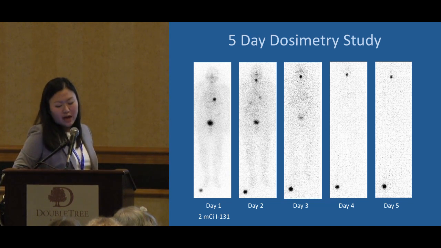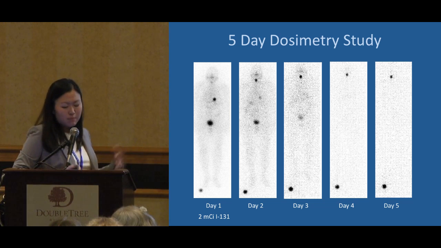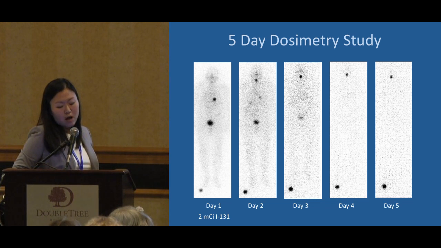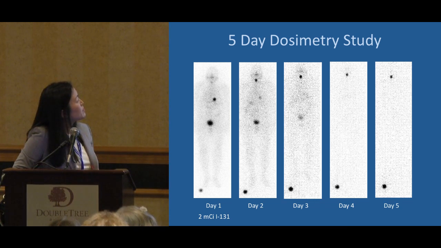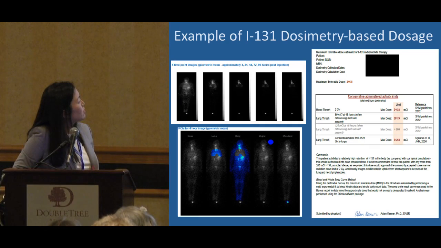Here's another example. This is an actual example of what the study ends up being, basically. So the patients come back every day for blood draws and for imaging. So here's the imaging for this patient, days 1 through 5 here. And in addition to that, they do blood draws. And I don't have the graph here, but there will be a blood draw graph showing the amount of radioactive iodine in the blood.